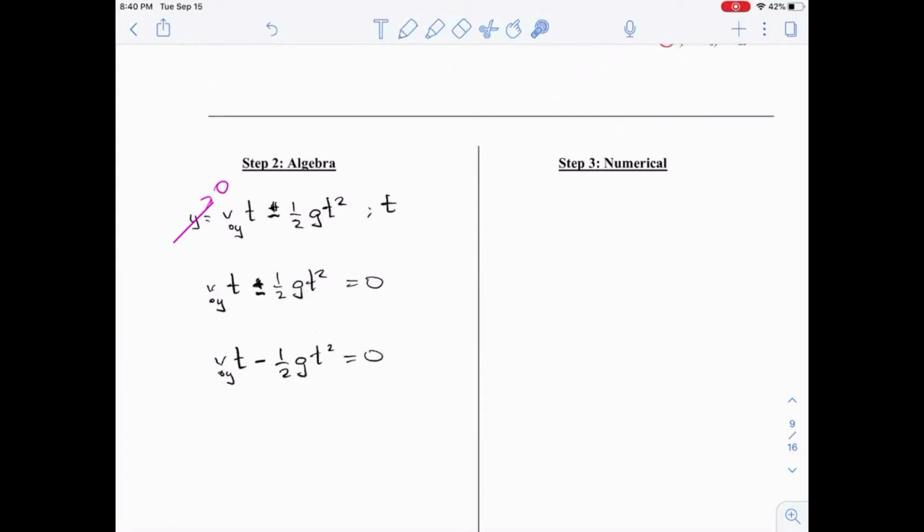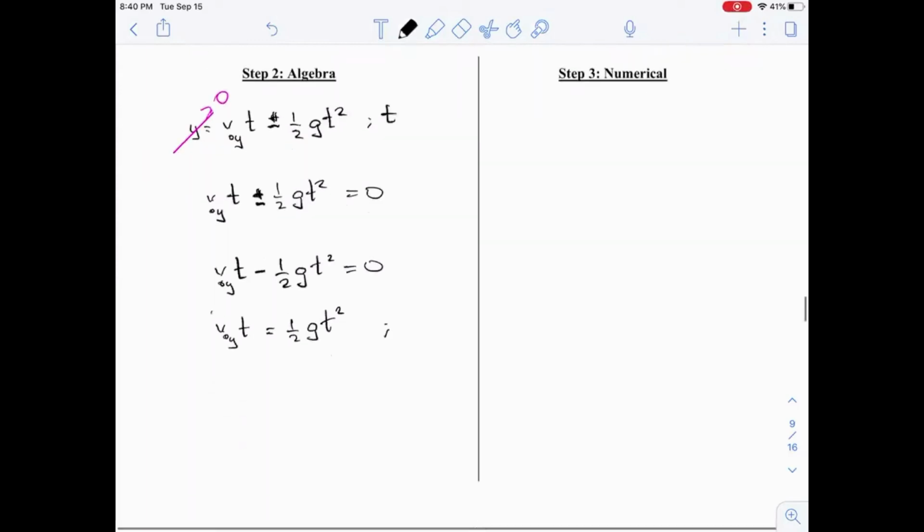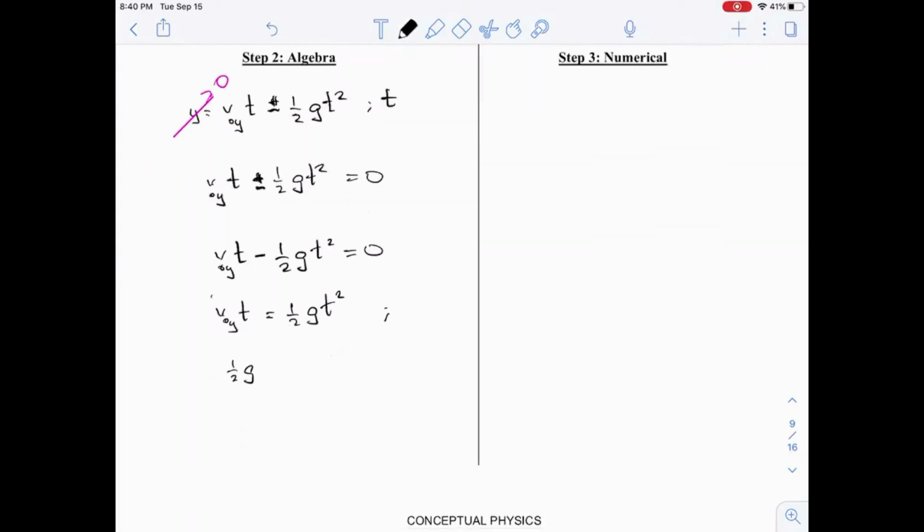I don't want to keep showing work, so I'm just going to move this across, and then I'm going to switch sides to make it easier. Get rid of 2, and then get rid of g.